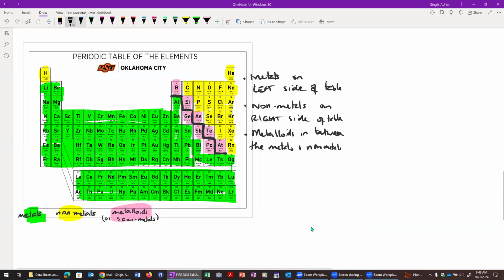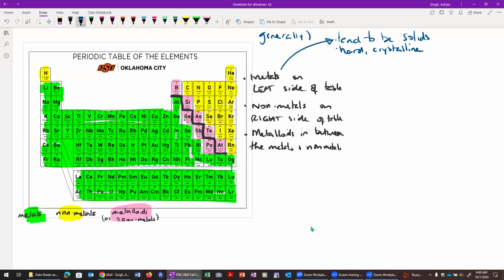Let's take a look at some general differences. Metals tend to be solids. Not always, but they generally tend to be solids. They usually are hard and crystalline. And again, these are general characteristics. There are always going to be exceptions. We're just looking at a broad overview of this. They also tend to have fairly high melting points and high boiling points as well.